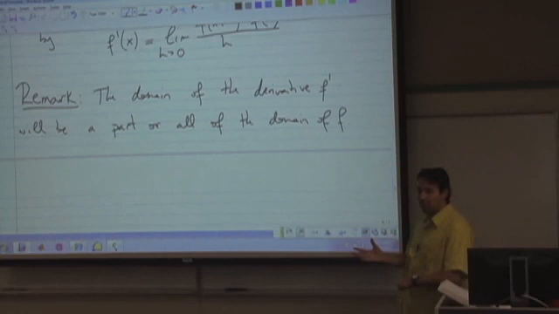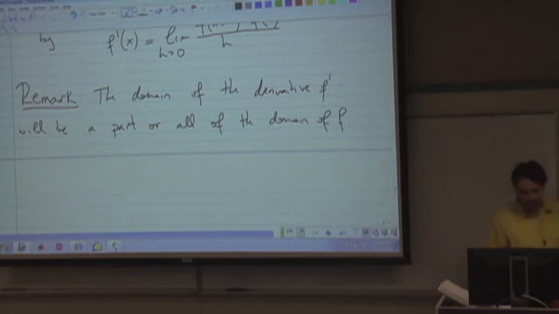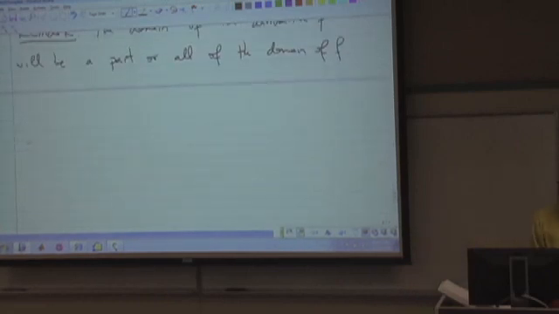Is everybody understanding why? I'm defining it to be a limit in terms of f, which means f of x has to make sense to talk about f prime of x, right? So it can't be larger, but it doesn't necessarily have to be the same size as f, okay? The best example that I can give you: f of x is equal to the absolute value of x.